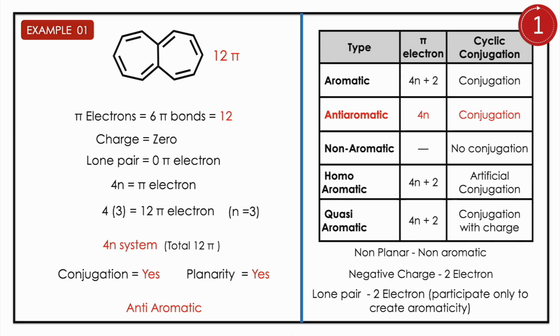Charge is 0, so don't bother. Lone pair is also not there, so 0. Looking at Huckel's rule, 12 means a 4n system where n equals 3. 4 multiplied by 3 gives 12 pi electrons. The system is cyclic and conjugated, and 4n electrons mean it is an anti-aromatic compound.